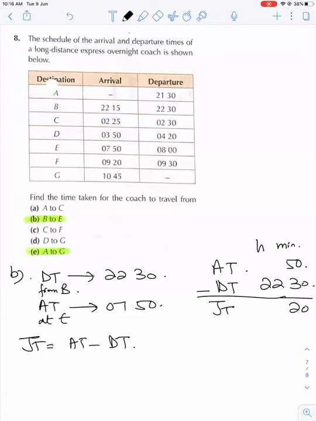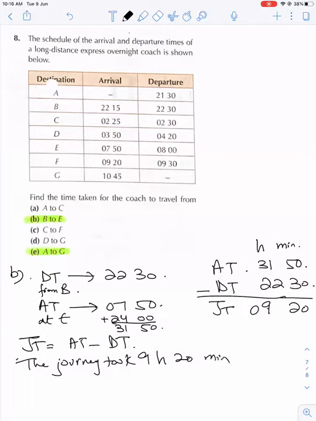So instead of writing 7 here, you simply write 31, because the new day has started. You can even write here plus 24. So the arrival time which you're taking is 31:50. 31 minus 22 is 9 hours. So the journey took 9 hours, 20 minutes.